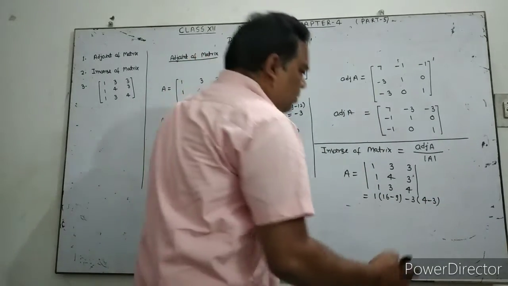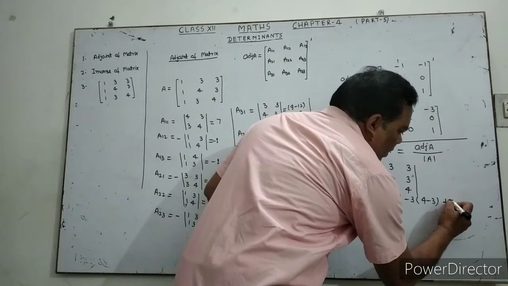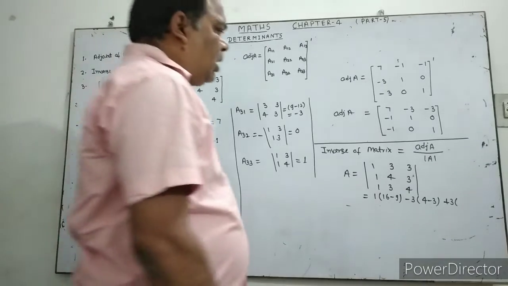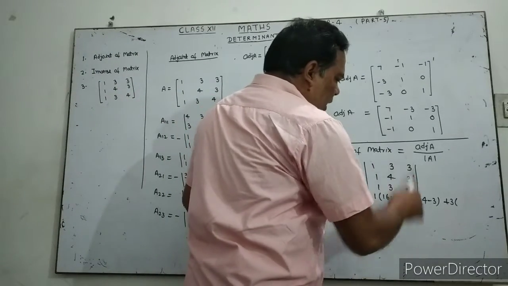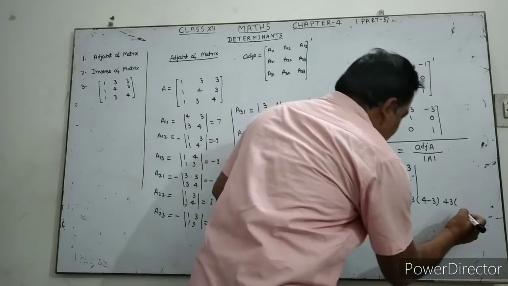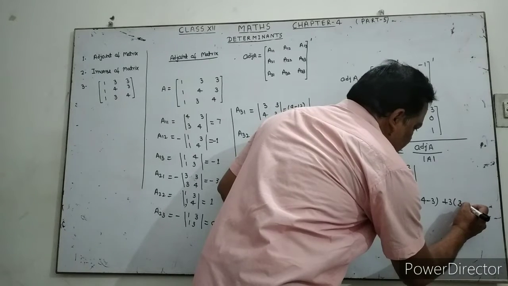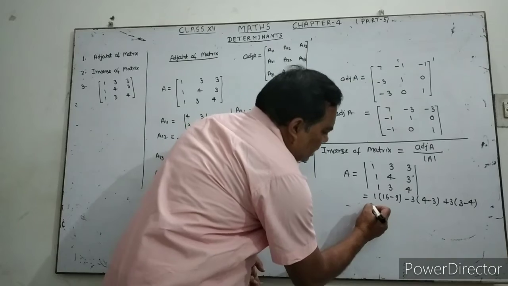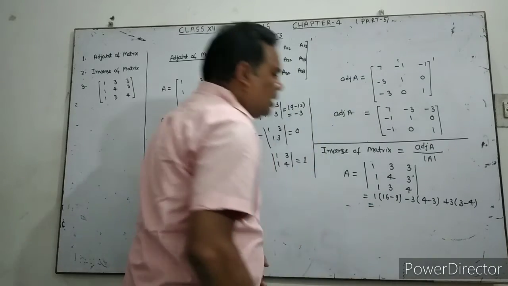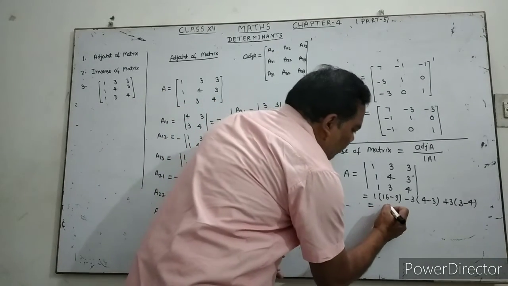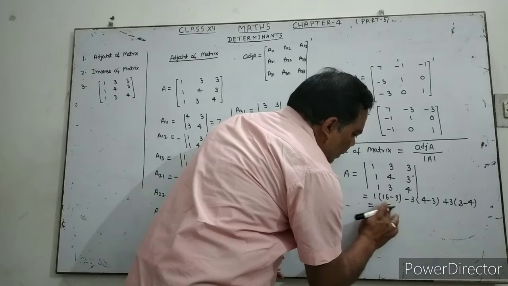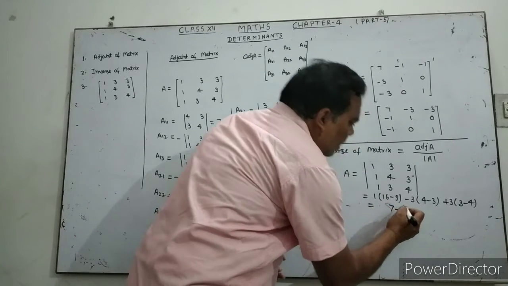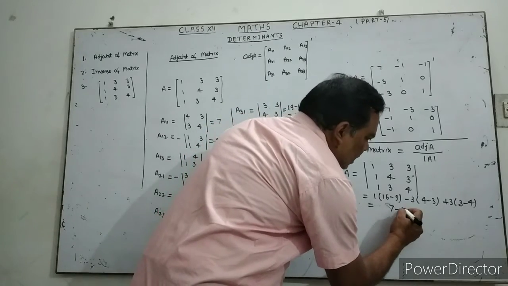Now plus 3. Now using the first row, as we discussed in the first lecture, 3. Forget this row, this column. This is 3 and this is minus 4. Now solve this. This is 16 minus 9, 7. 7 minus 3.